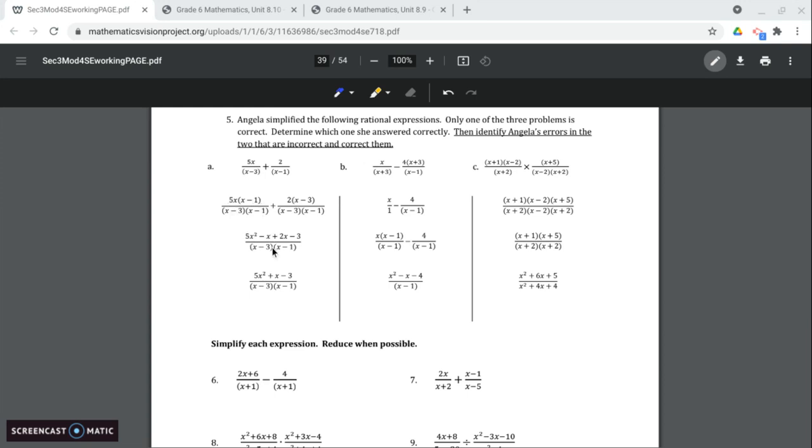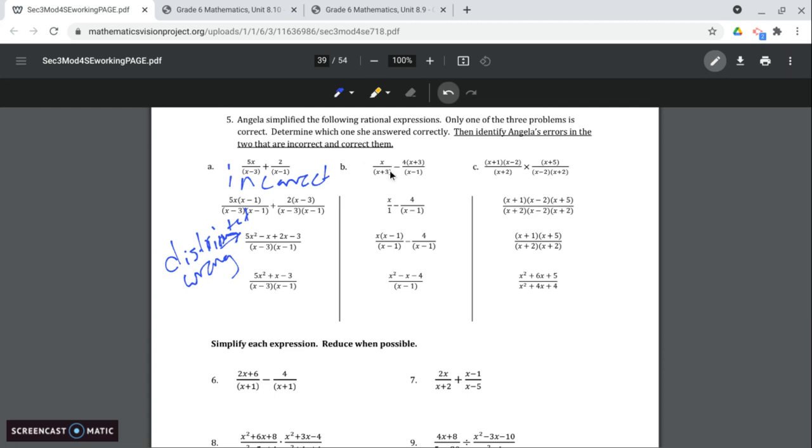And then, the error: it shouldn't be minus x, it should be minus 5x. So this one is incorrect. Distributed wrong.